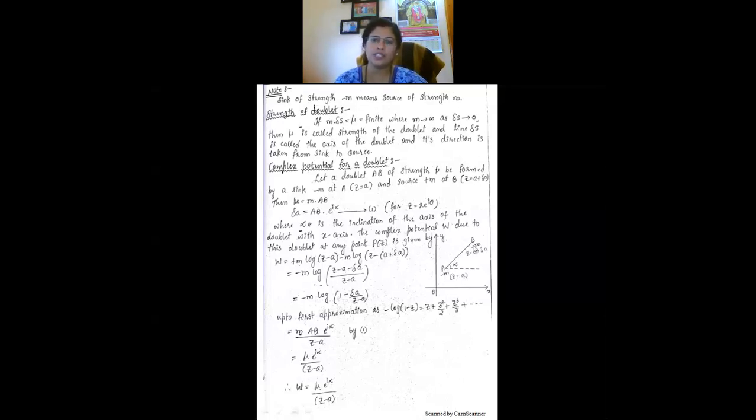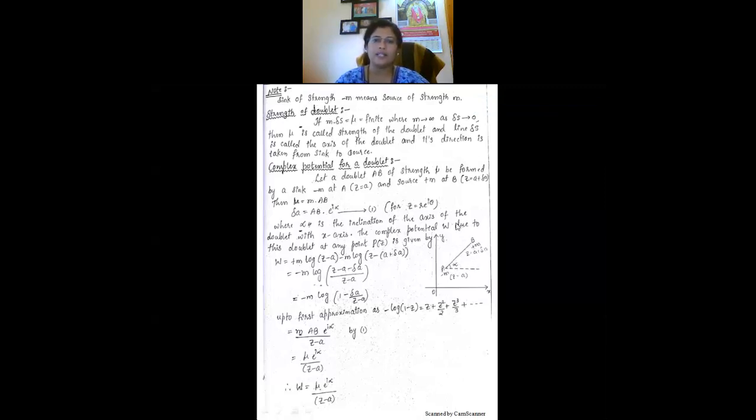Delta A is nothing but the distance between A and B. This is all about the explanation of the diagram.